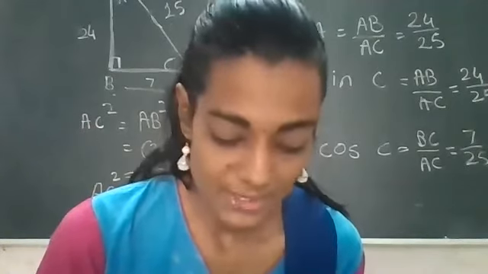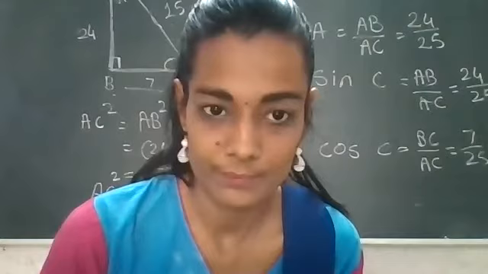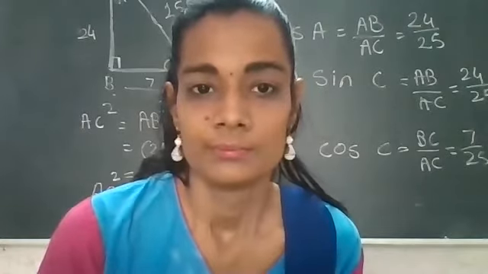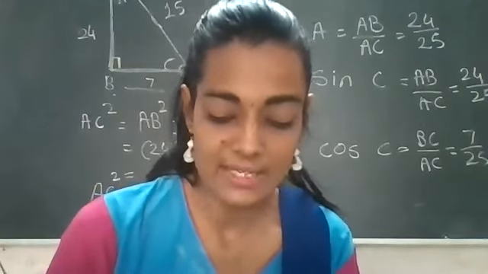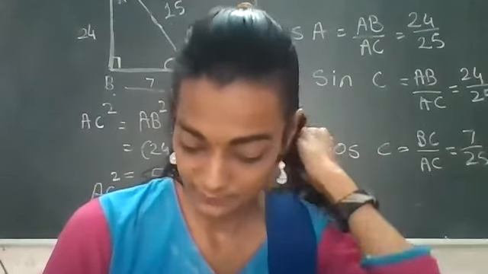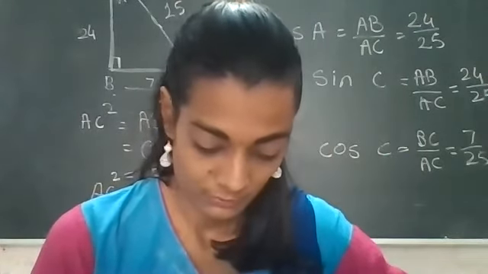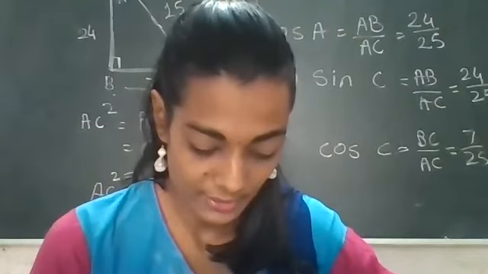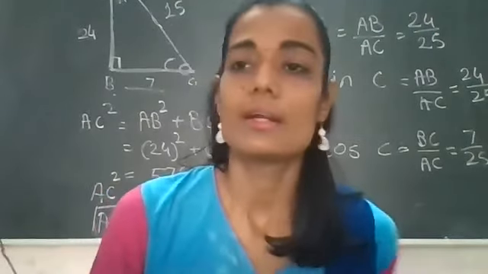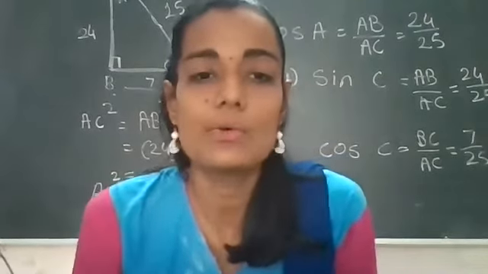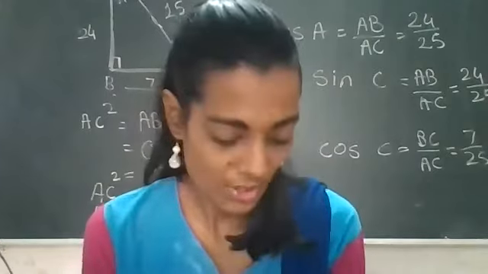If sin A is equal to 3 upon 4, calculate cos A and tan A. Will you be able to do it? Try it. If you are not able to understand, tomorrow we will do it in the class only. Don't worry about that.